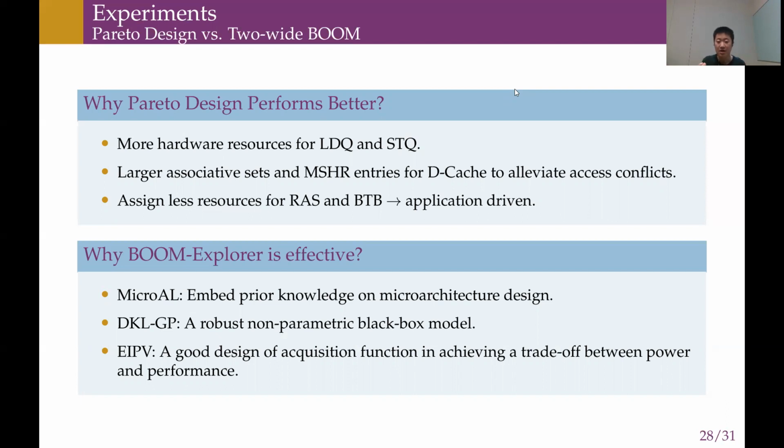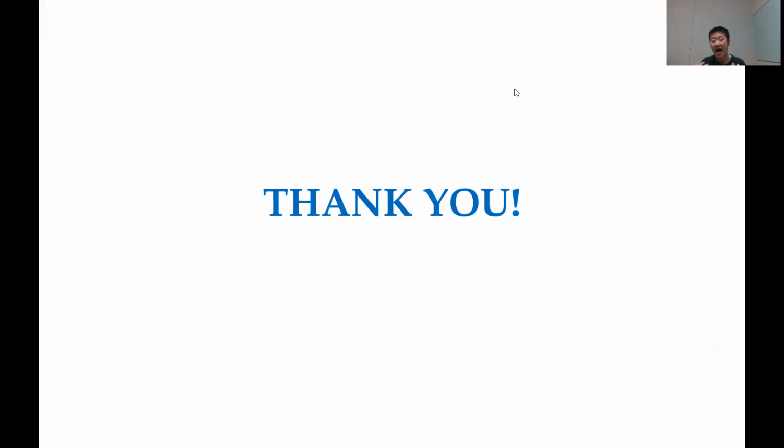Third, I think EIPV is a good formulation to deal with multi-correlated objective problems. Because of these 3 effective methods, our BOOM-Explorer can succeed and performs better than other algorithms. So this is all of my presentation. Thank you.